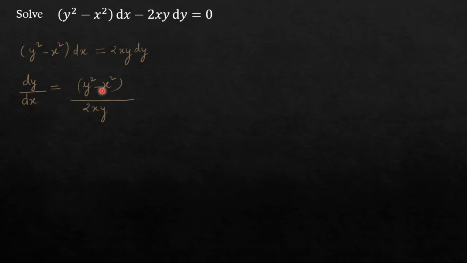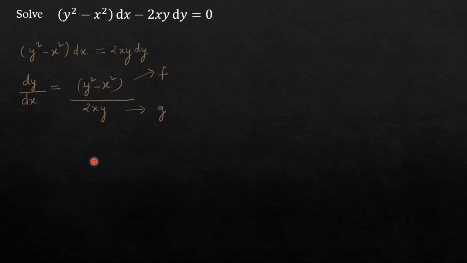Let us say the numerator is function f and the denominator is function g. You can see this is a homogeneous function f, because the power is 2 in each term. The function g is also homogeneous with degree 2, because 1 plus 1 is 2. So both are homogeneous functions of the same degree.